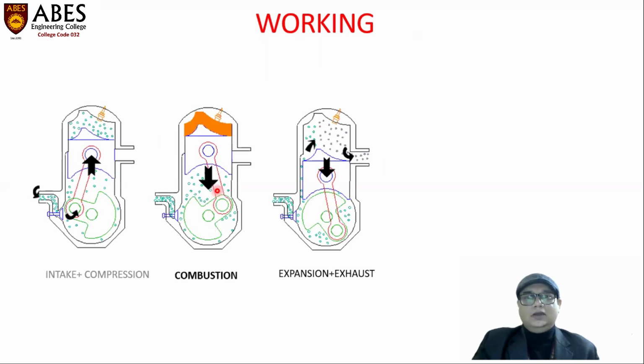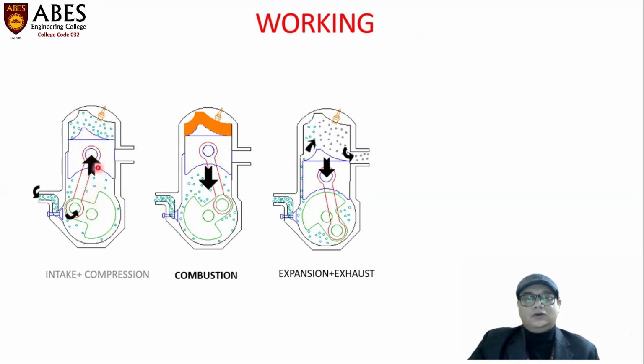As we can see in the figure, the intake and compression are going on in the first stroke, when the piston moves from downward to upward, as seen in figure 1. Here, the piston is moving upward and the charge is induced in the crankcase. The charge above the piston head is being compressed by the piston.